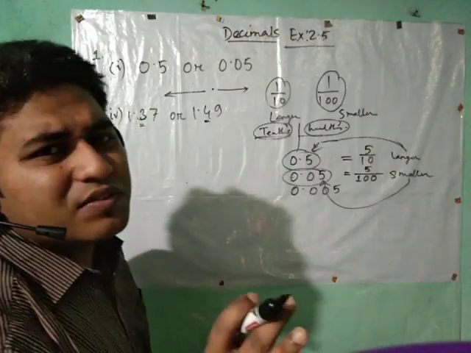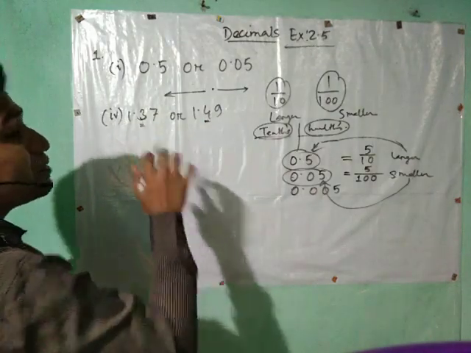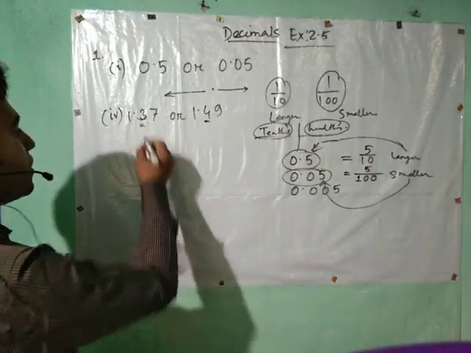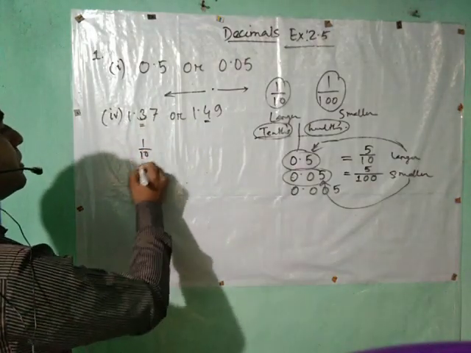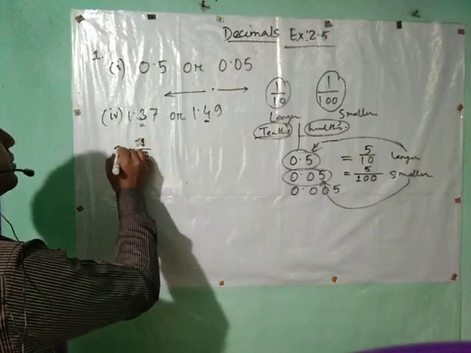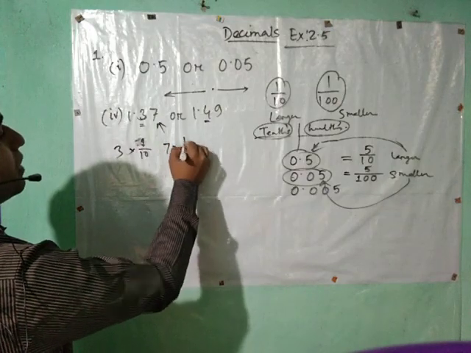It is called most significant because the place value of this 3 and this 4 is larger in comparison to the place value of this 7. For this 3, the place value is 3 into 1 by 10. For this 7, it is 7 into 1 by 1000.